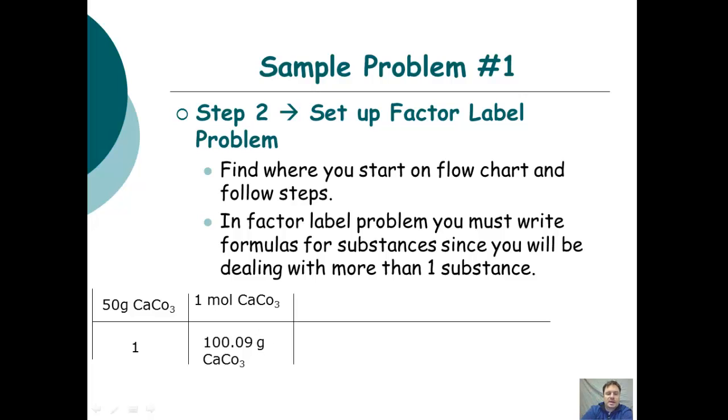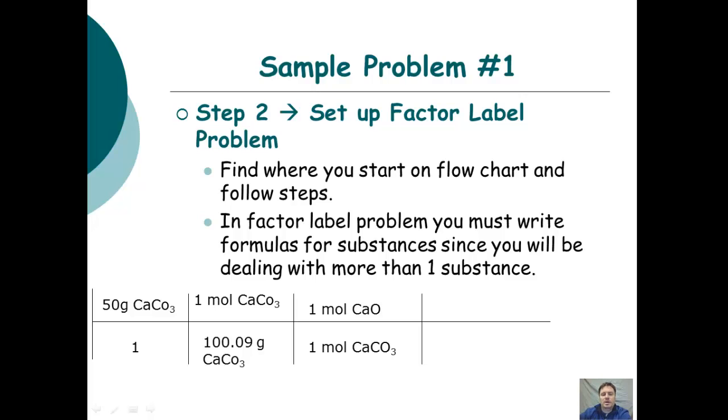Our next step then is to go from the moles of known to the moles of unknown. And the way we do that is to use the coefficients from the equation. So if we look at our equation, we know that 1 mole calcium carbonate is equal to 1 mole of calcium oxide. Remember, if there's no coefficient in front of a compound, we assume it's 1. So now our moles of calcium carbonate have canceled out. We're left with moles of calcium oxide.